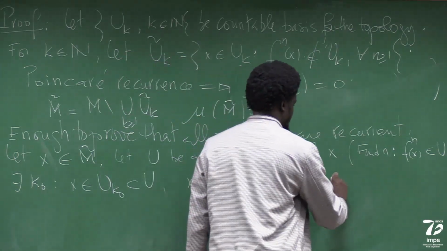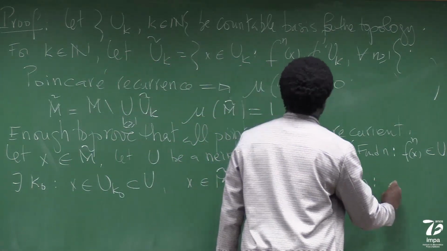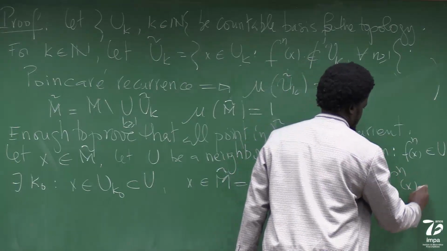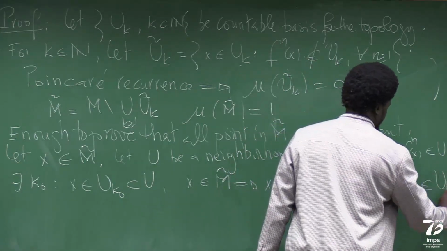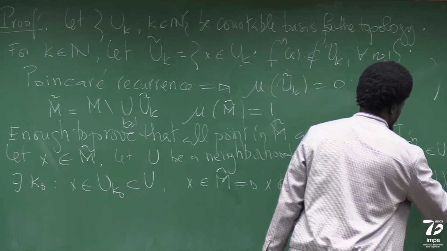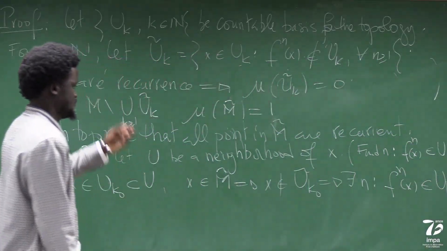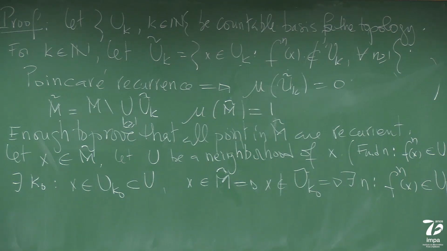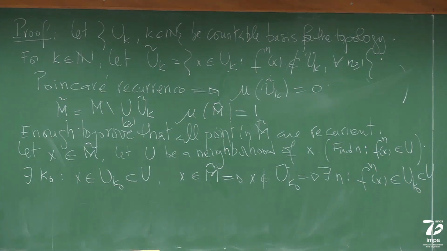So there exists some n such that f^n x is in U_k naught, which is a subset of U. So this is just simple.